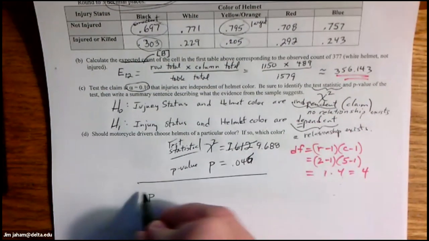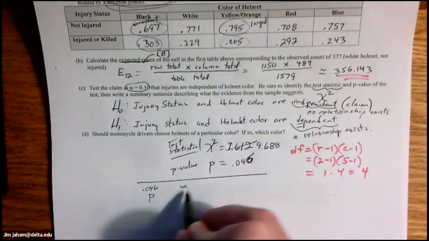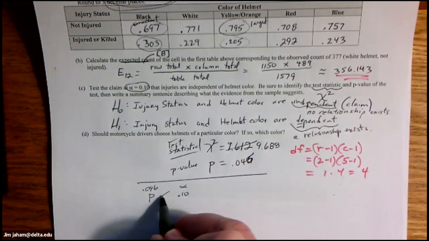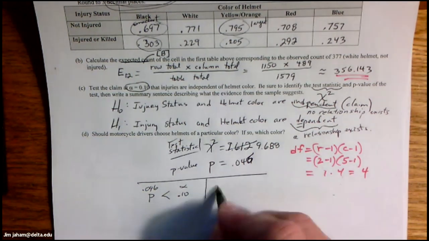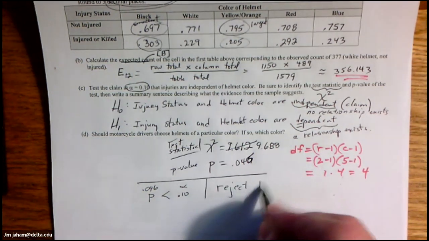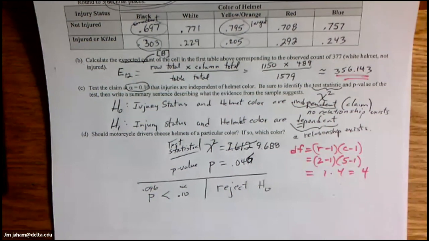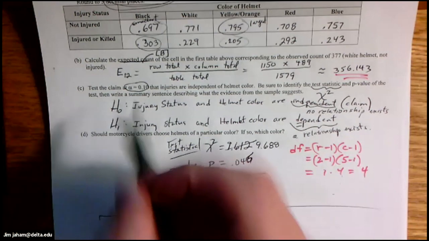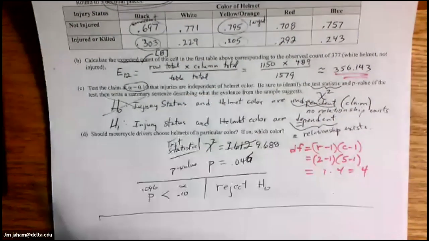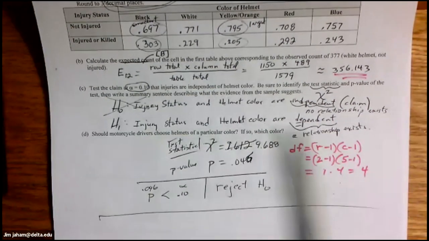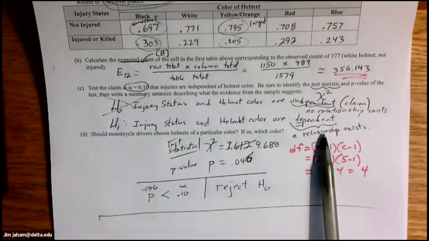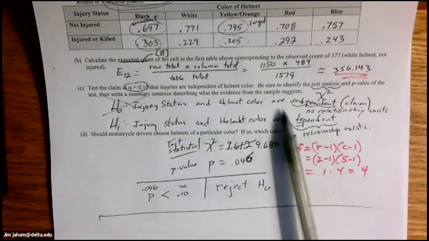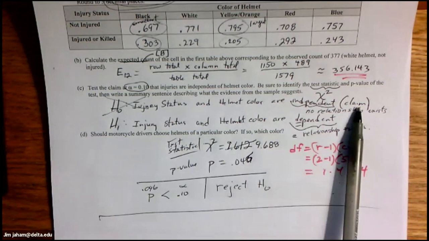P is equal to 0.046, alpha is equal to 0.10, and P is less than alpha, so we're going to reject the null hypothesis. So we're rejecting the null hypothesis in favor of the alternative that says that the 2 variables are somehow related. They're dependent. So we're rejecting the claim.